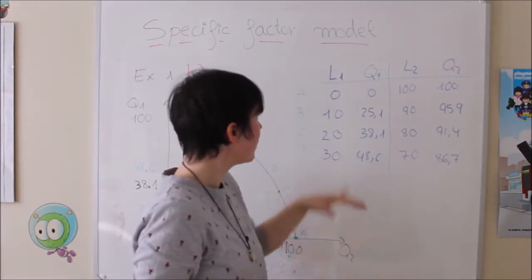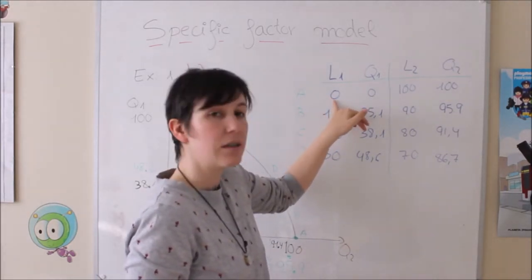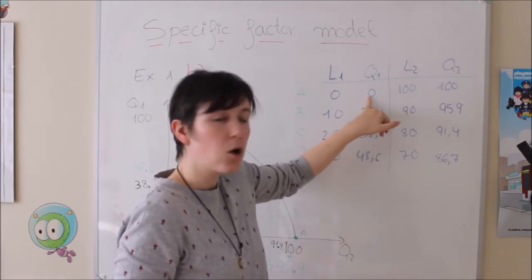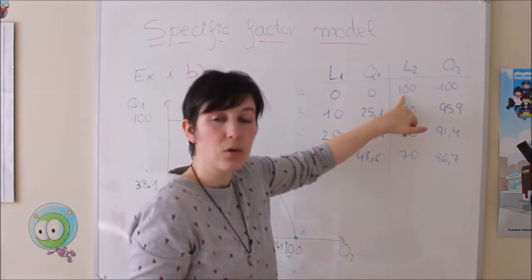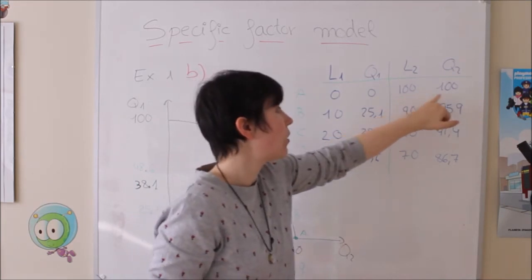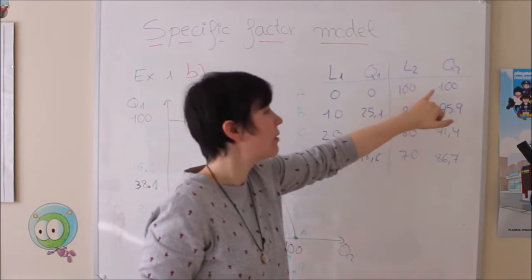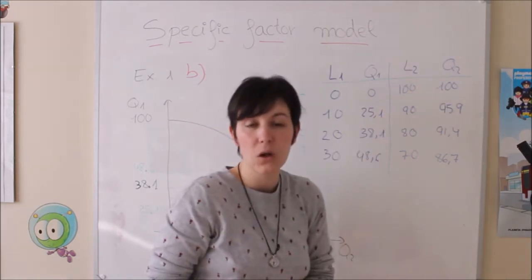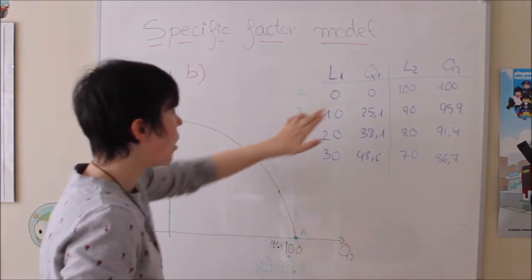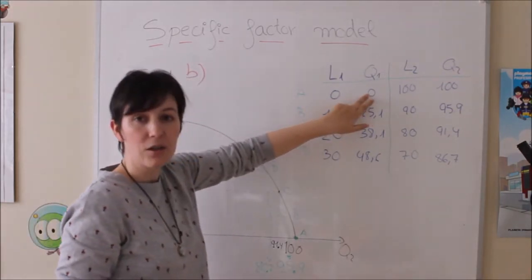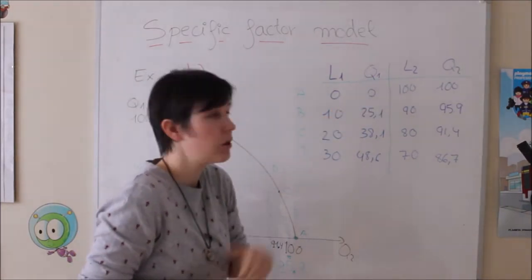So when the total labor in industry 1 is 0, your output is 0, which means you are just producing one good, and that good is good 2, where the total labor of 100 is producing 100 units. Where is that point in this graph? It's when your output Q1 is 0 and your output in industry 2 is 100.